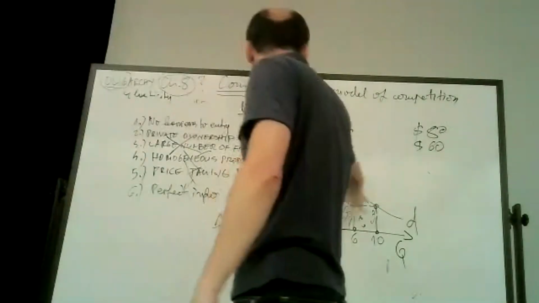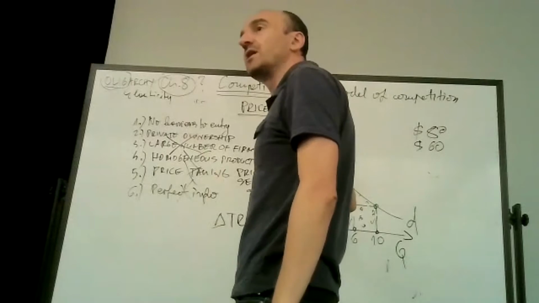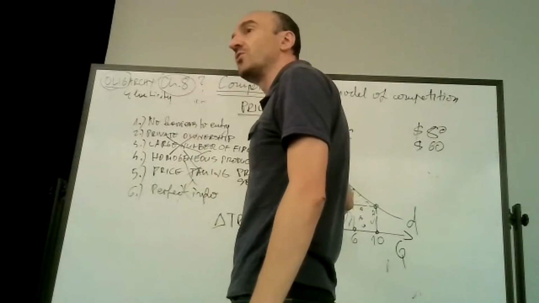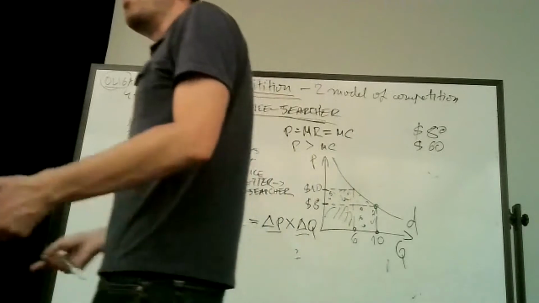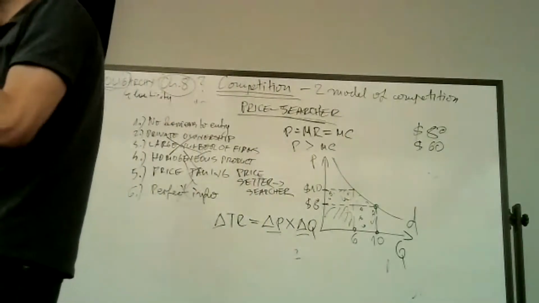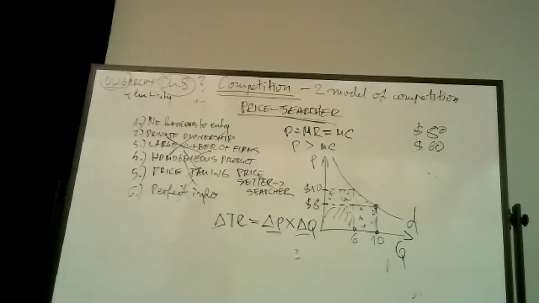Imagine that you're selling at $10, you're selling six units. And you're now thinking, what if I offered a price discount to $8? My quantity of sold units will increase, of course, but will it increase enough to make up for the loss of revenue from a $2 per unit lower price?